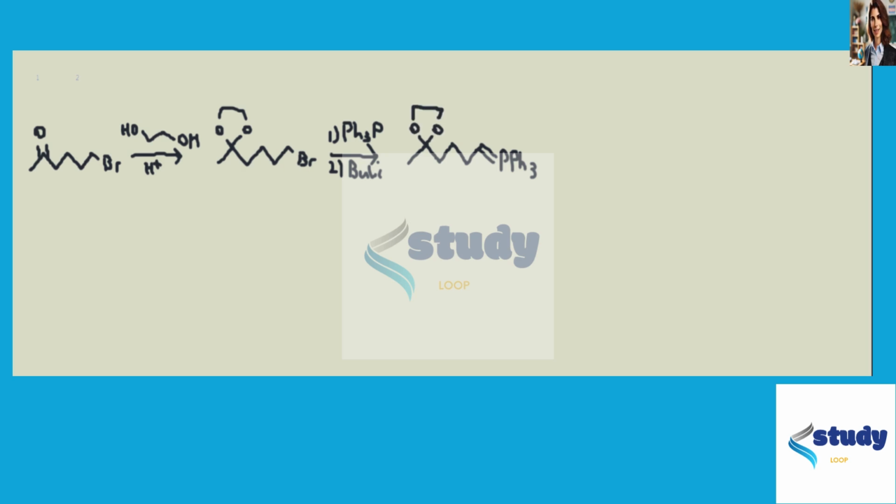Ketone still protected. We have our Wittig reagent, and we need to think about what we want to add. So we're going to want to add 3 carbons. And so to add 3 carbons, we're going to need propionaldehyde.